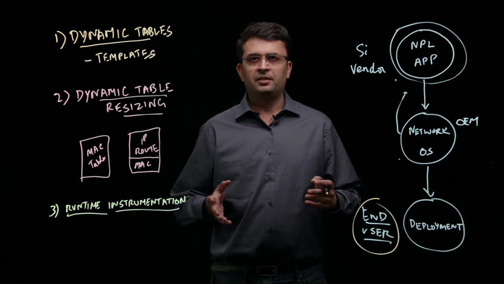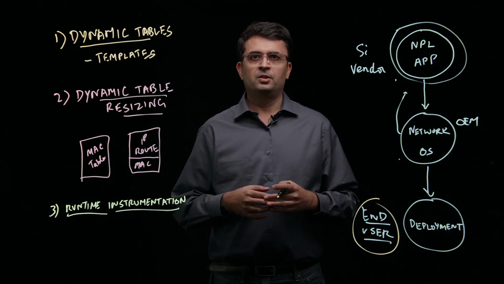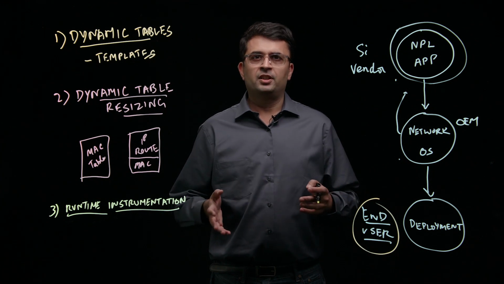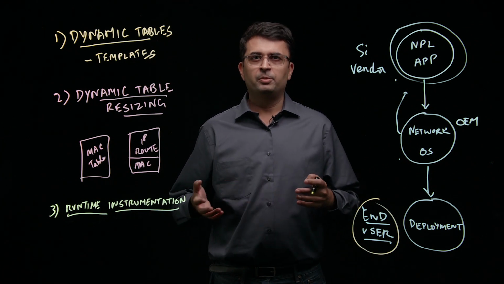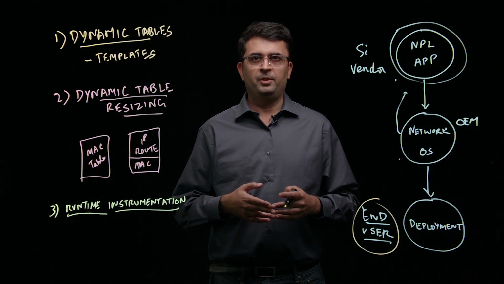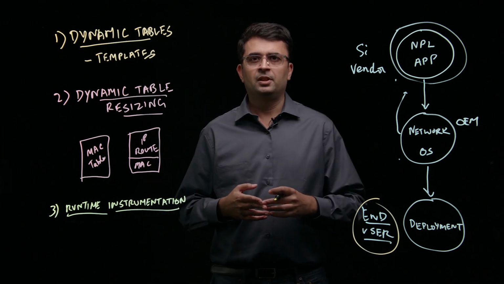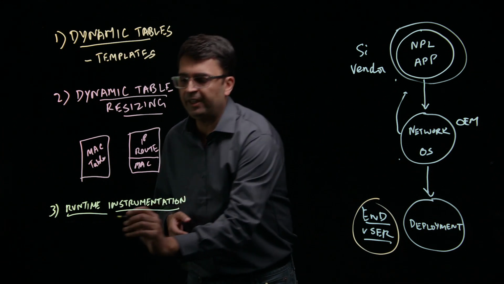NPL has many constructs related to instrumentation and visibility, and all of these constructs have runtime programmability as a baseline requirement. So for example, there is a construct called packet trace.